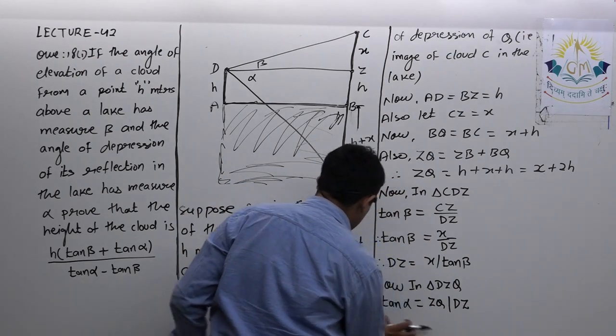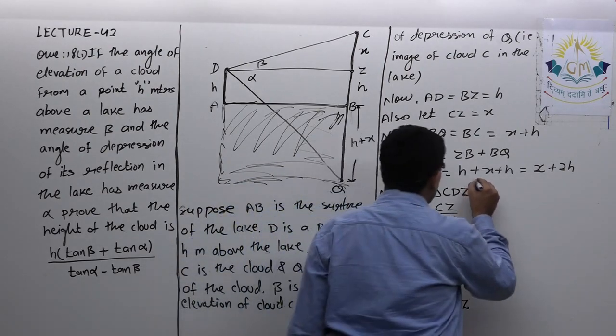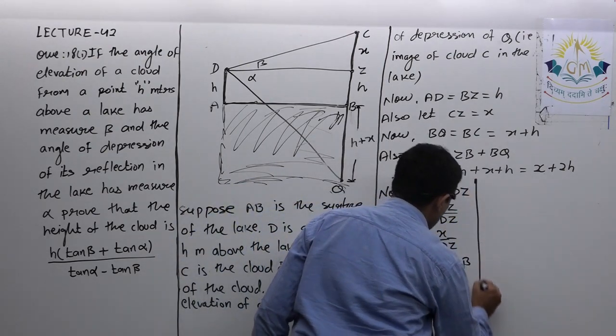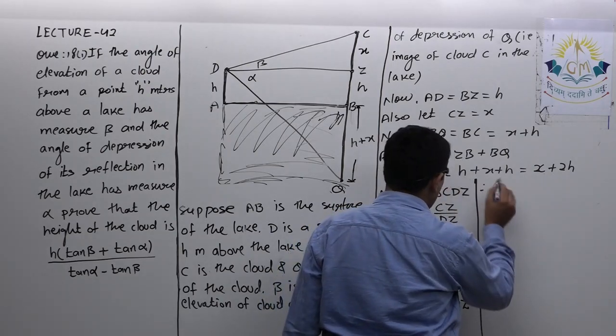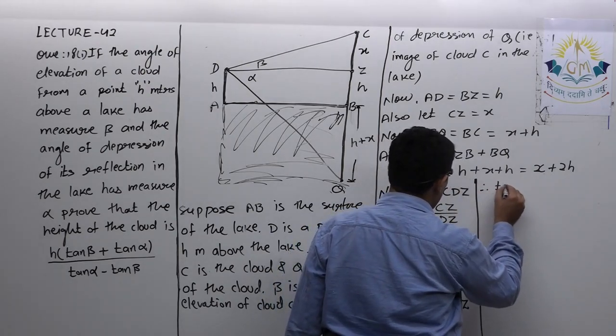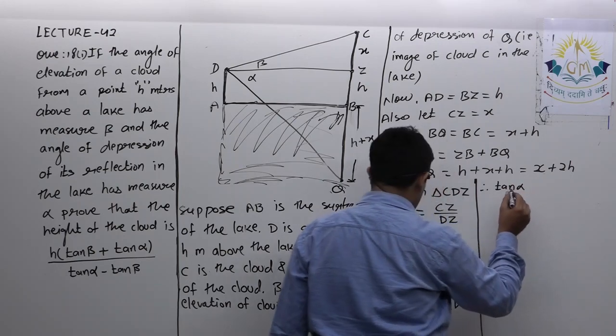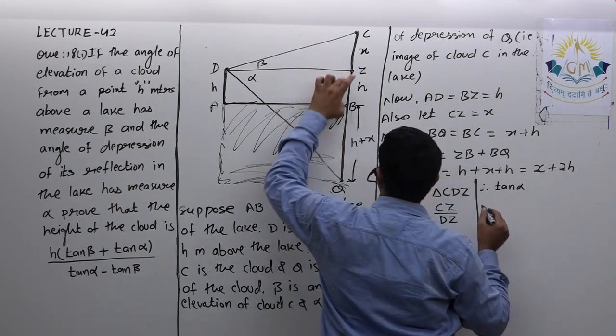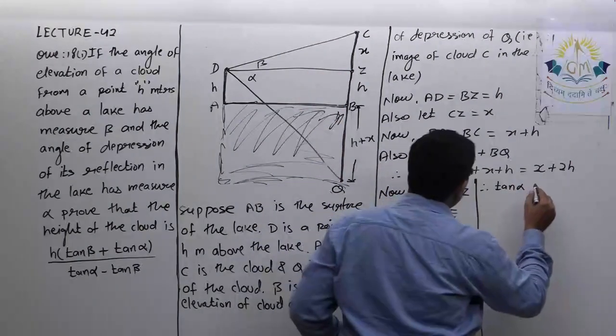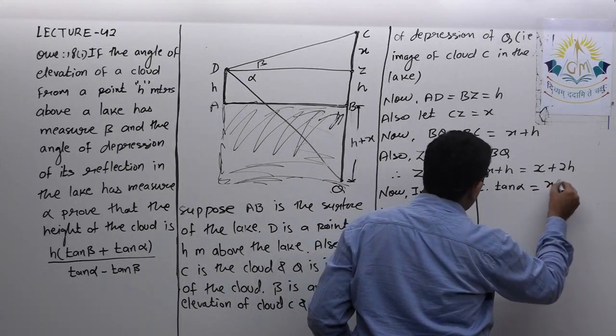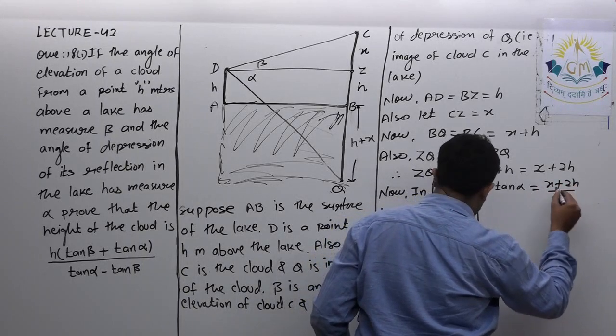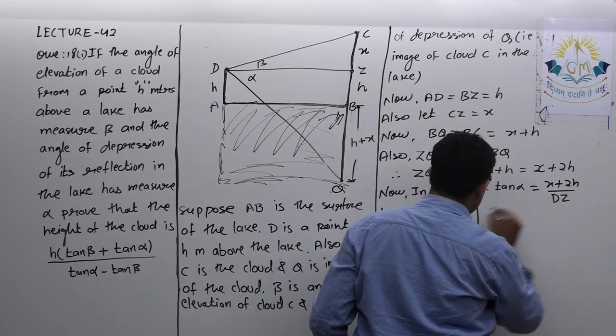So tan alpha is equal to, now ZQ is X plus 2H, and DZ remains as it is.